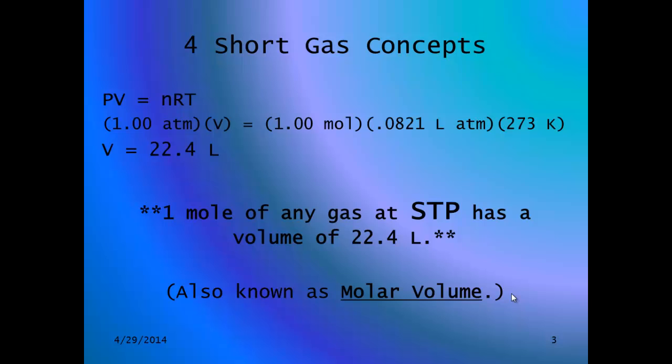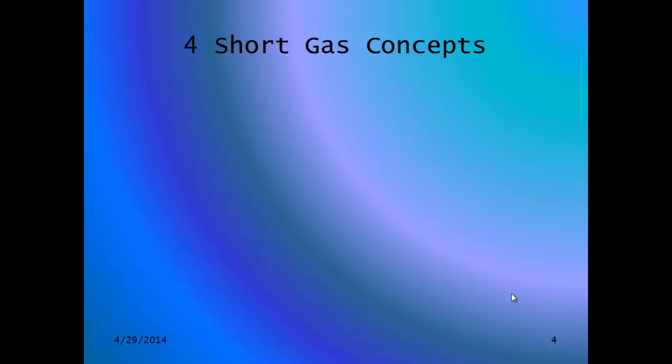This is also known as the molar volume. Kind of makes sense. The volume of 1 mole. When we do our lab tomorrow, we will be attempting to see how close we can get to this number. So by doing a lab procedure, we're going to see how close we can actually get to 22.4 liters.